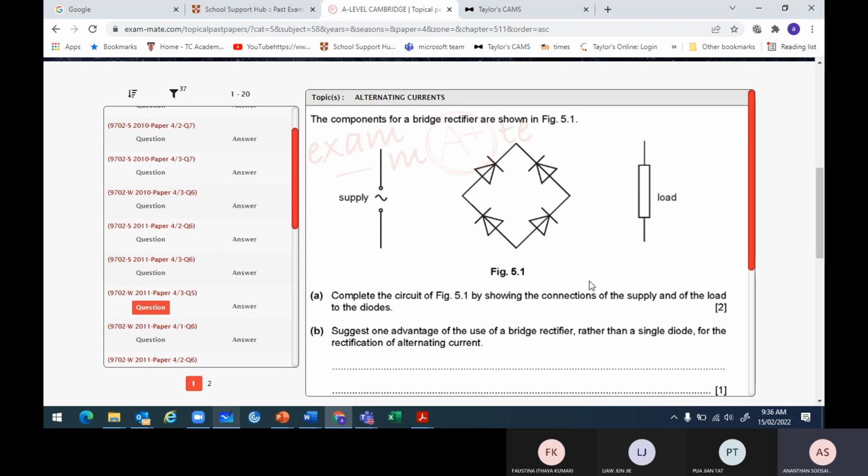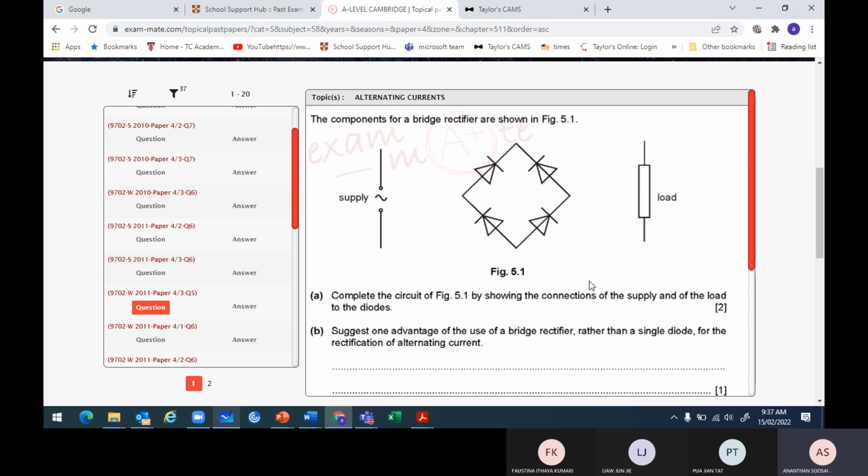If you put it at top and bottom, the current flows up and is stuck, can't go anywhere. So the supply should be at the side. So connect two wires here and here. The load has to be on the top and the bottom. So be careful which is at the side and which is at the top.